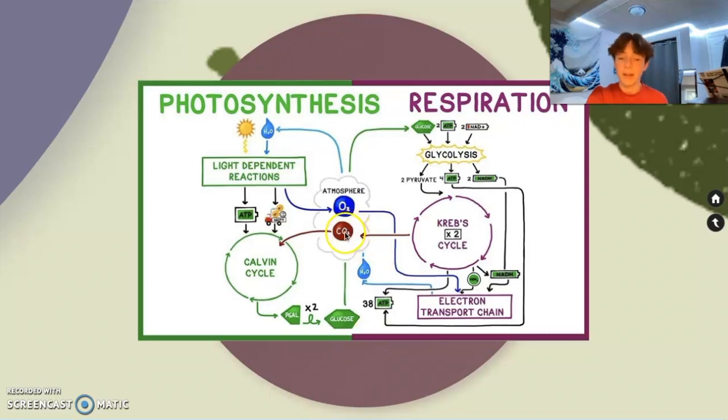If we look at the carbon dioxide between the two, it enters the Calvin cycle and is broken down into carbon and oxygen. The carbon helps us form carbohydrates, also known as glucose, which is then used in glycolysis to break down into pyruvate and start the Krebs cycle.